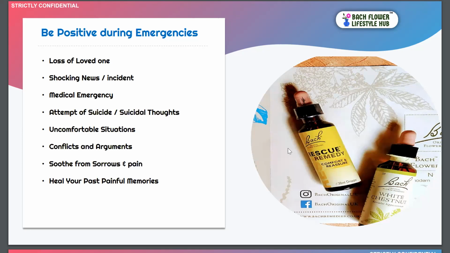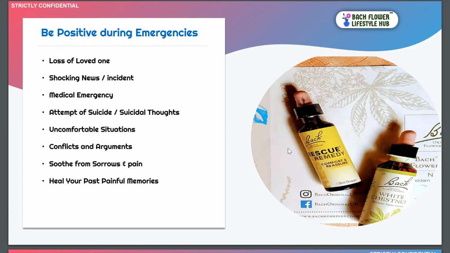And being calm, composed, and peaceful during the emergencies, during the problems, can really help us to think how we can minimize the loss, how we can reduce the pain, how we can reduce the impact of that particular situation, and we can take positive steps, positive directions to get really out of that situation very well. Okay. So that can only happen when we are calm, composed, and peaceful. So these remedies help us to stay calm, composed, and peaceful during the emergencies.